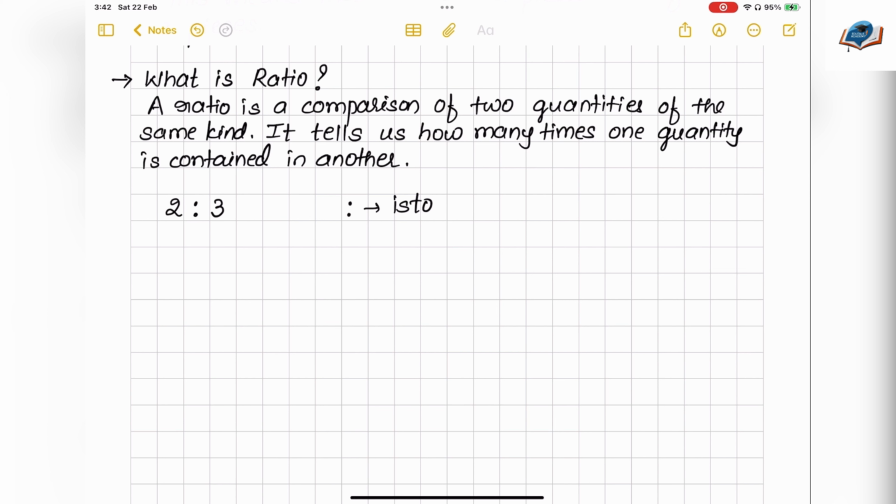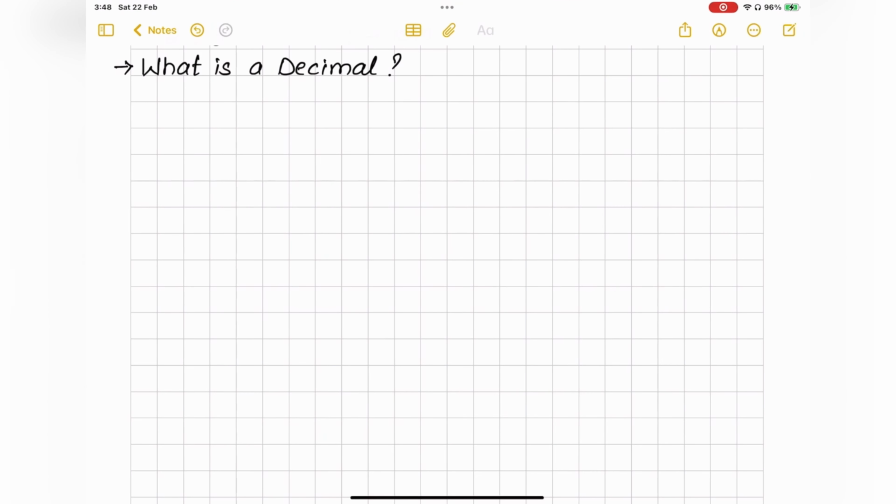So in this way we represent ratio. And ratios are used in various everyday situations such as mixing ingredients, scaling recipes, or selling anything in a part. Now let us discuss what is a decimal.